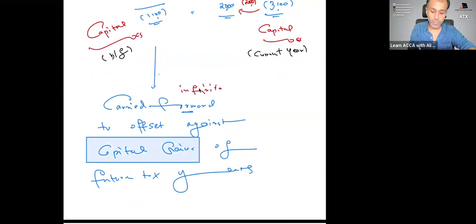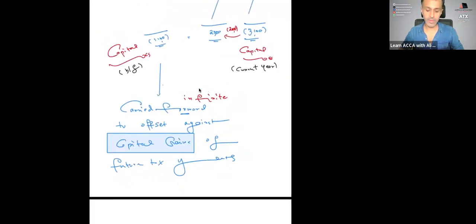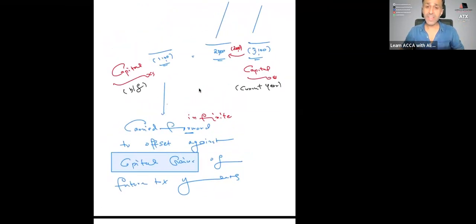There is no limit to it. 1, 2 tax years, infinite. While they are carried forward, we can only offset them against capital gains, not against any income of the individual like trading income, property income, employment income, savings income, or dividend income, just against the capital gains. That is case 2.